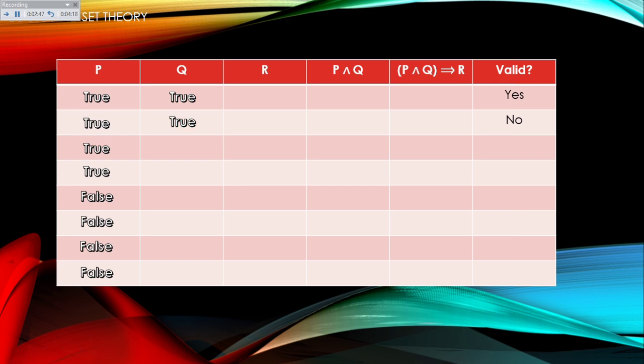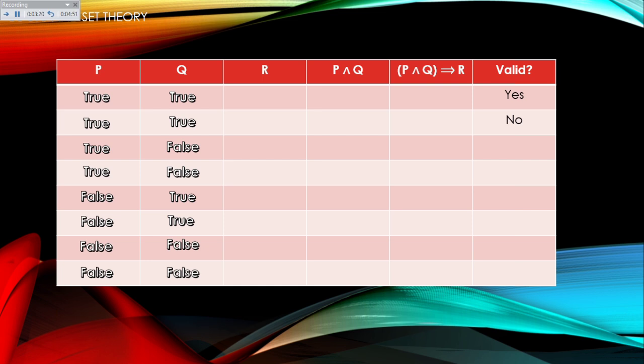The third is true with Q false, and the fourth is true with Q also false. Then if P is false, Q is true; if P is false, Q is false.